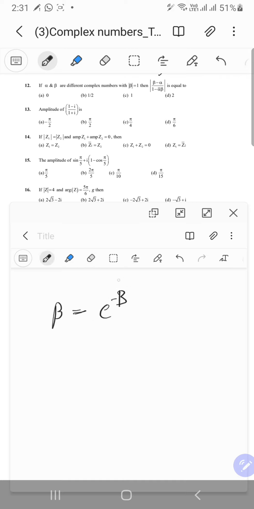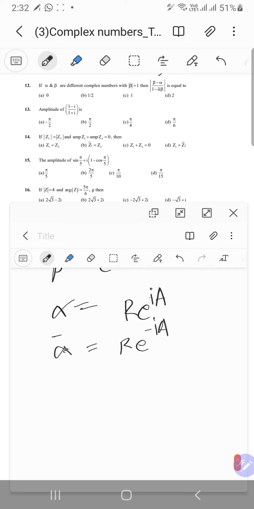And you don't know anything about alpha, though. Alpha is just something like r e to the power i a. So then conjugate of alpha will be r e power minus i a.